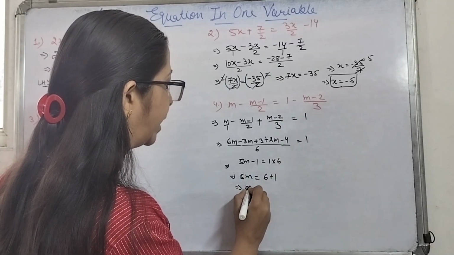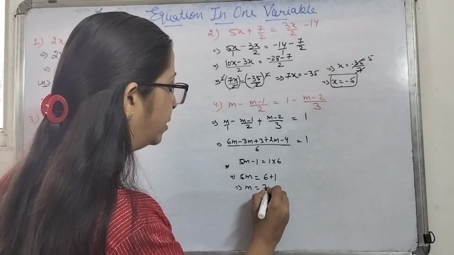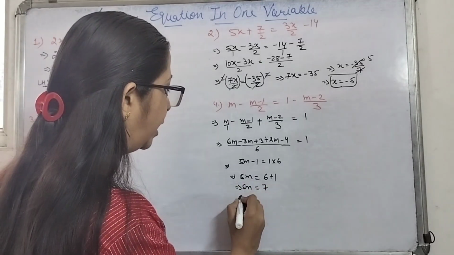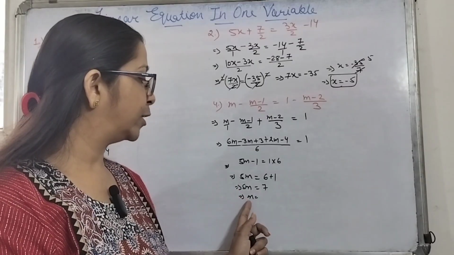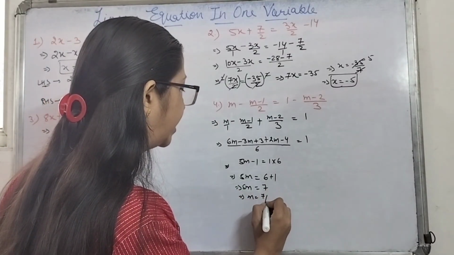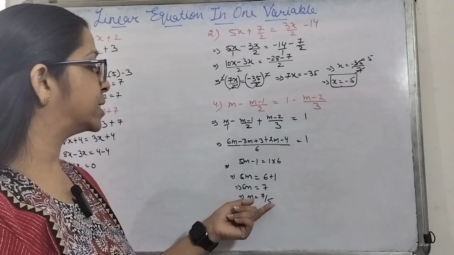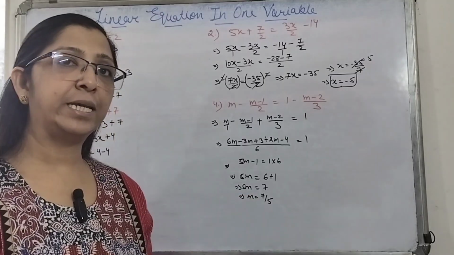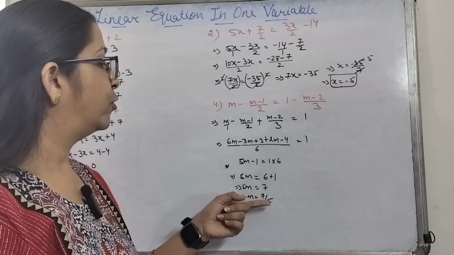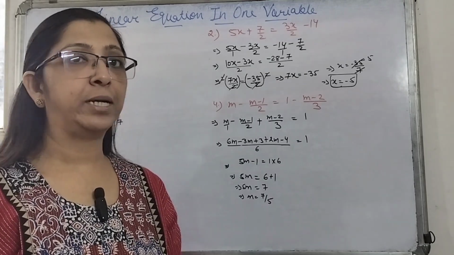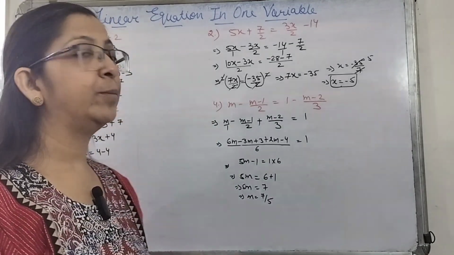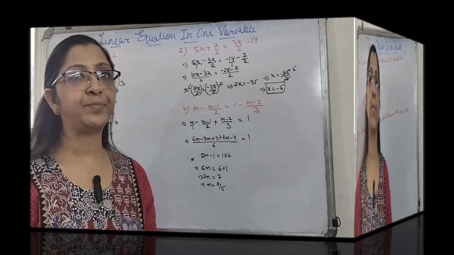So 5m is 7, and because 5 is in multiplication with m, the value of m will be 7 divided by 5. So this is the value of the variable, or we can say the solution of the equation for which the LHS will become equivalent to the RHS. This is how we can solve linear equations.